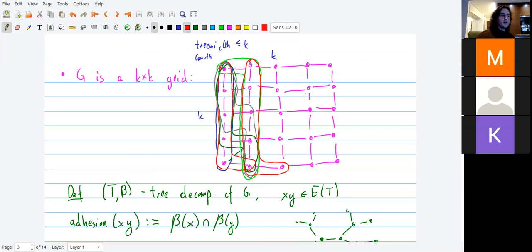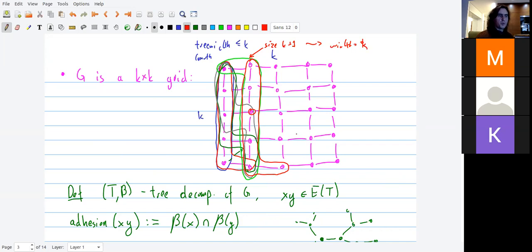So this is a sequence of bags, and you can easily check that it satisfies all those properties. Whenever I look at a particular vertex, it appears in a contiguous interval of bags. So here the bags are of size k plus 1, which means that the width is equal to k.